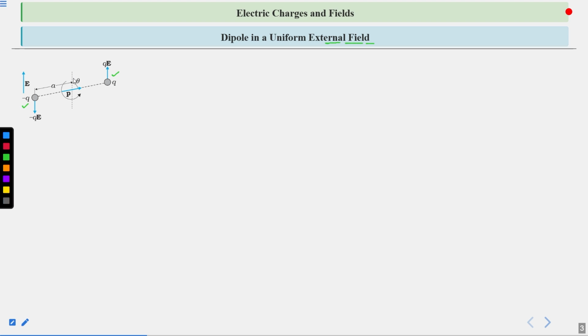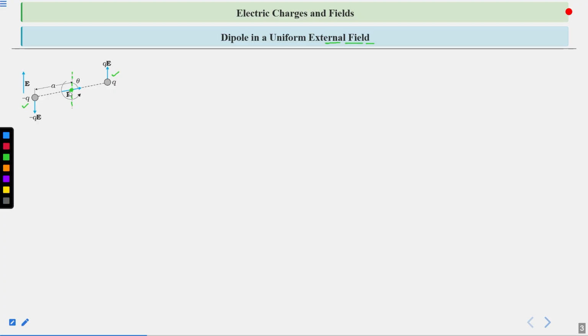So look at here, the center that is situated between these two charges is this one. The point shows the center of the electric dipole.